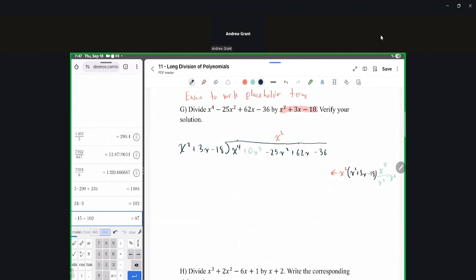So x squared times x squared is going to be x to the power of 4. X squared times 3x is going to give us 3x cubed. X squared times negative 18 is going to give us negative 18x squared. And again, just like before, the only thing that happens now is that we're subtracting a larger term, and we have more terms.